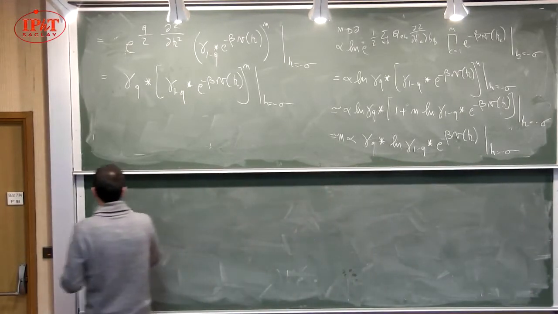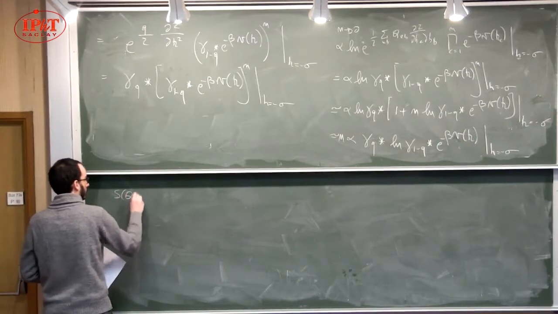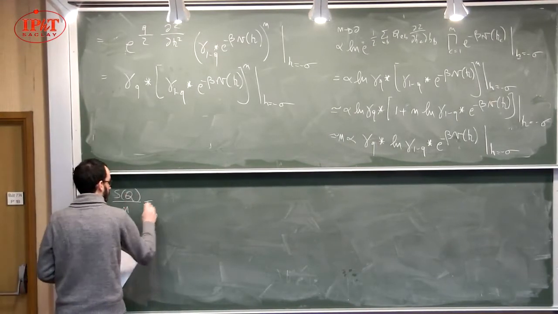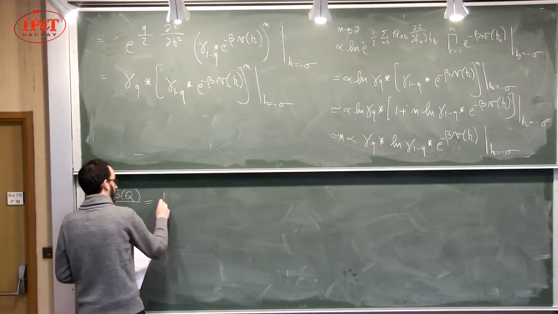So therefore, S of Q divided by n is just 1/2.